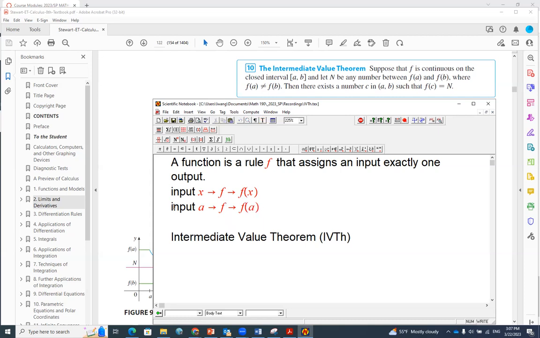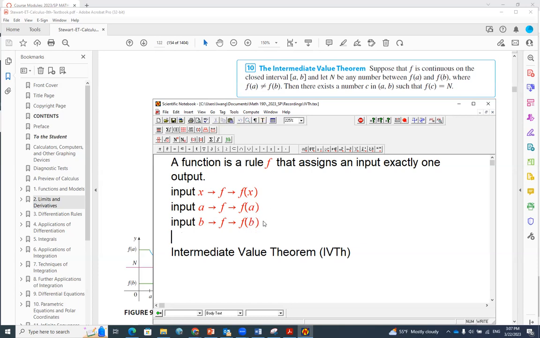F of b is the same thing. So a is in the category of input, f of a is in the category of output, and f of b is in the category of output. Now, what is N? N is any number between f of a and f of b, so capital N is in the category of output.